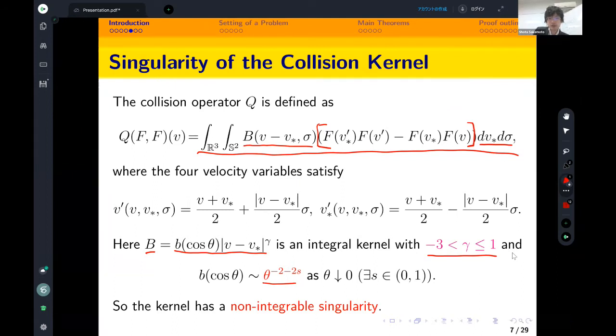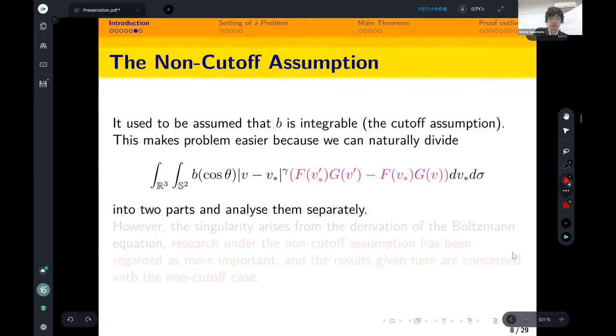Especially, b of cosine theta is not integrable on S2, because from this part you may get 1 over sine theta, but that's not enough, because even though we have 1 over sine theta, we still have theta to the power of -1 minus 2s, and this is not integrable in theta. And this assumption is called the non-cutoff assumption, assuming the non-integrability of b of cosine theta.